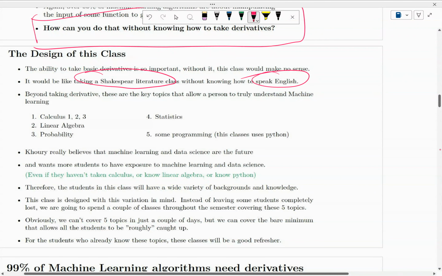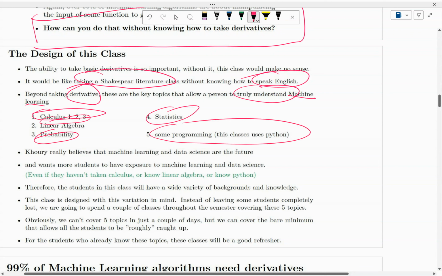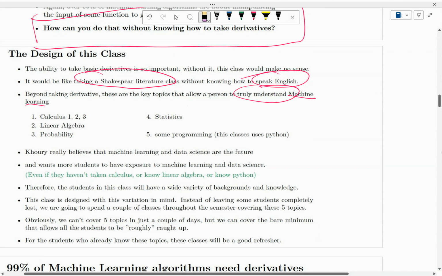Beyond just learning to take derivatives, which is part of calculus, you actually need to know a lot of other things to truly understand machine learning, like calc 1, 2, 3, linear algebra, probability, stats, and you should probably know how to do programming. This is a high bar.